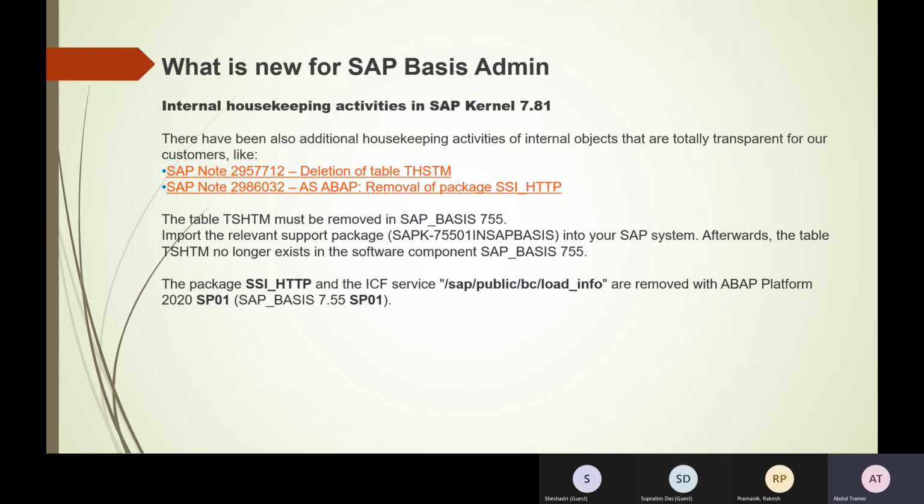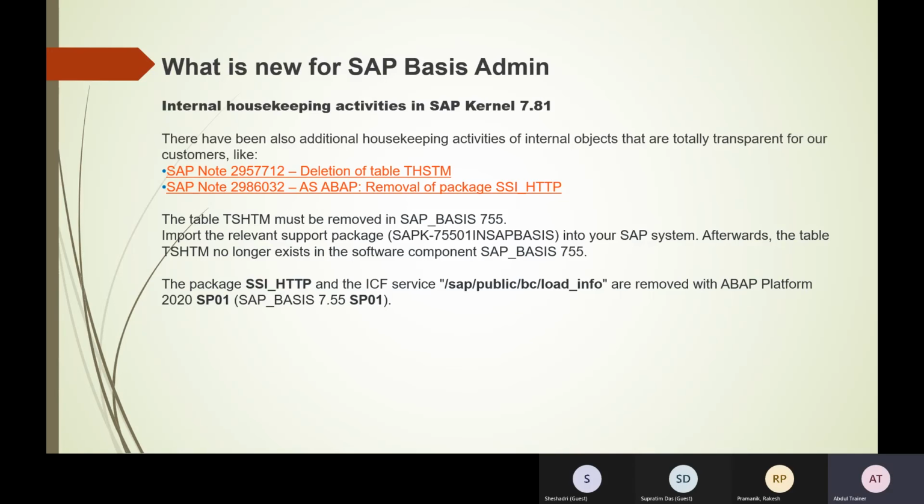Basically, the tables TS_HTM we have to remove in SAP ABAP 755. When you upgrade, SAP says that you look and then you remove it. That's the optional one.